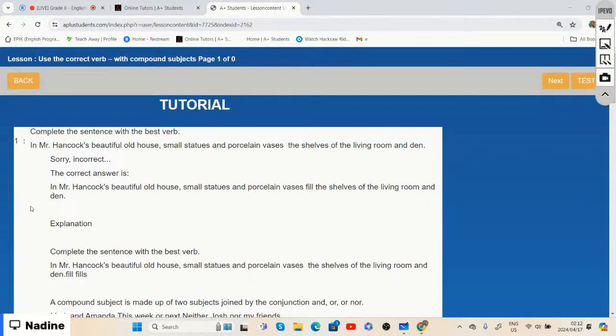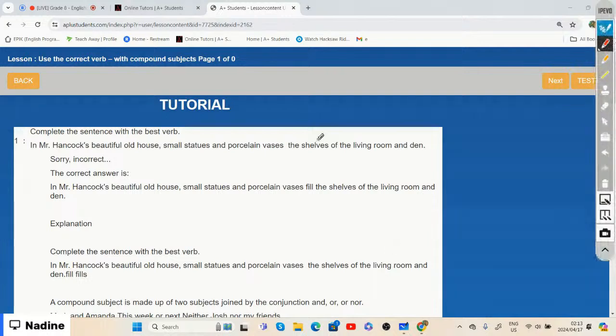We need to choose the correct verb to best complete that sentence, by adding a verb in here. So, in Mr. Hancock's beautiful old house, small statues and porcelain vases the shelves of the living room and den. We need to fill in a verb over there.